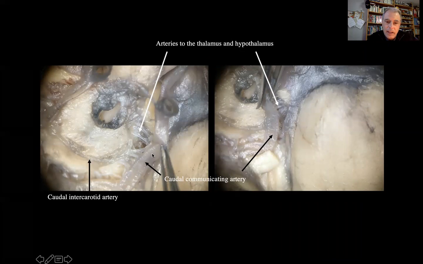Again, this is the caudal communicating artery and the caudal intercarotid artery, and all these vessels also supply thalamic and hypothalamic structures. Again, more of these vessels coming from the caudal communicating artery.